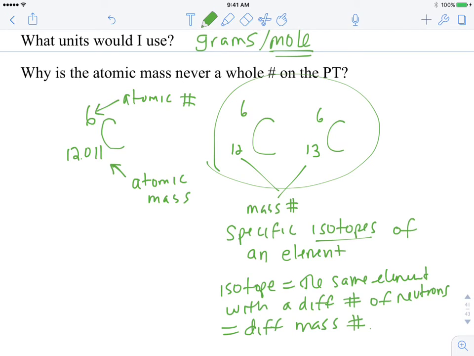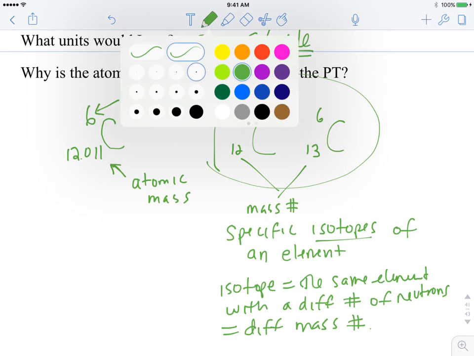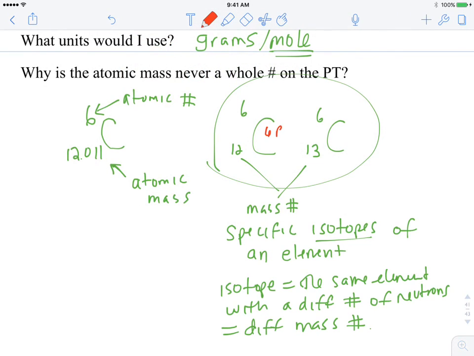For example, carbon-12 would have 6 protons and 6 neutrons, whereas carbon-13 would have 6 protons and 7 neutrons. Because of that, they have a different number of neutrons and a different mass number. It makes them isotopes. Now, what is this 12.011? This is atomic mass.